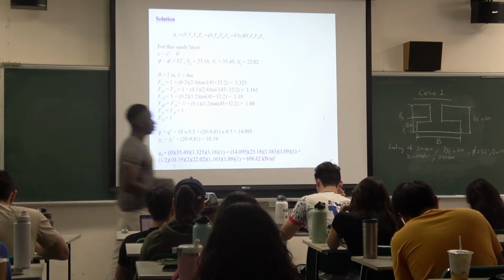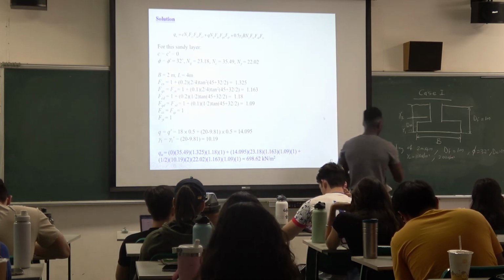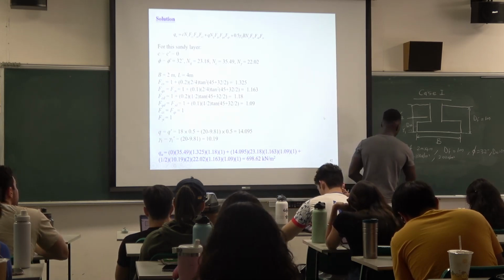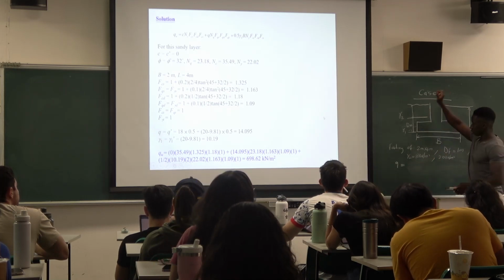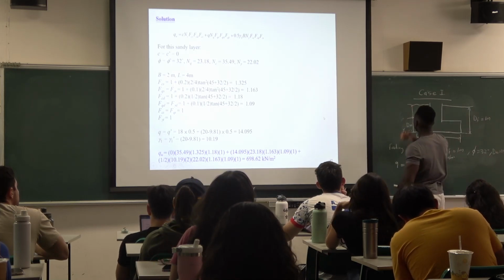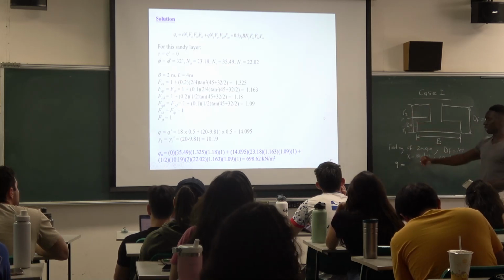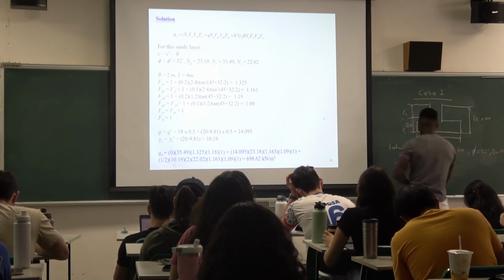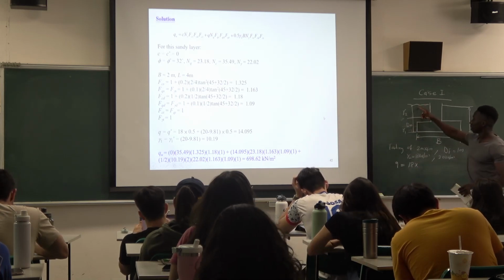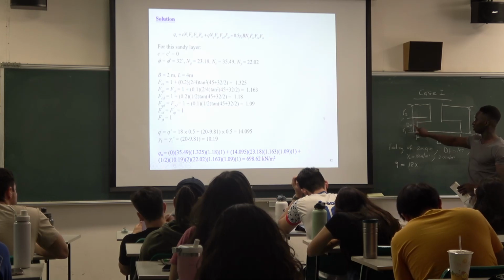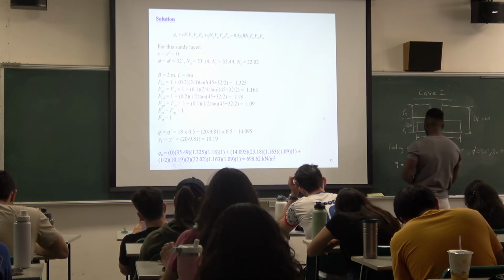So if we are going to find the Q at this point, as we stated in the above example, it's going to be this gamma 2. Our gamma 2 in this case is 18. So 18 multiplied by the depth from here to here. Because you know here is 0.5, so here will also be 0.5, right?